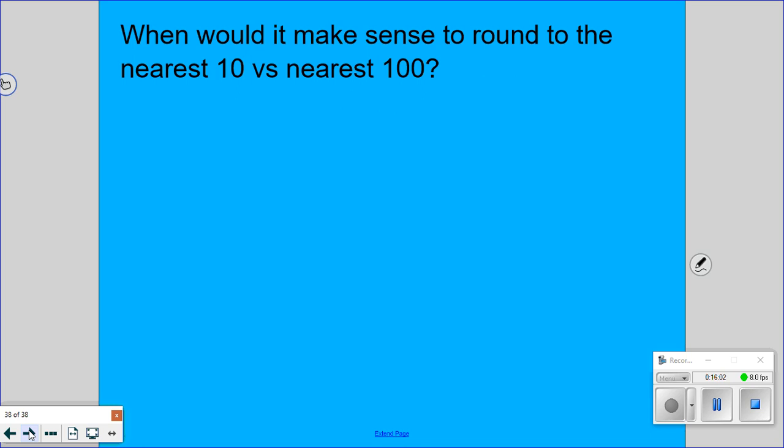When would you round to the nearest 100? When would you round to the nearest 100, Kinsey? There's no reason to do that. Ariana, what are your thoughts?